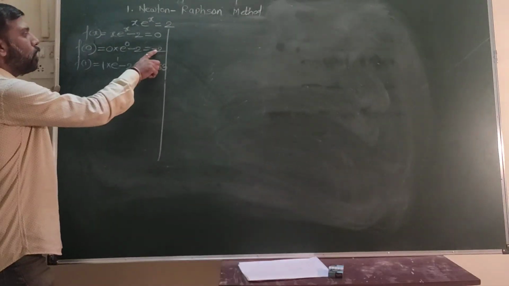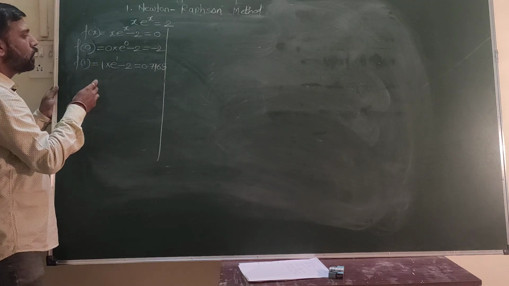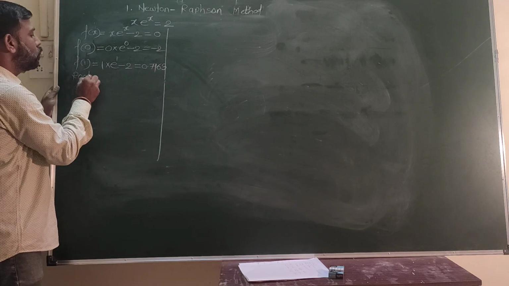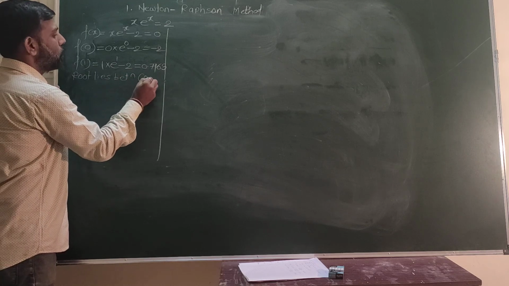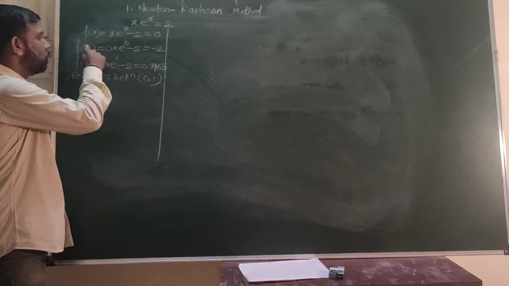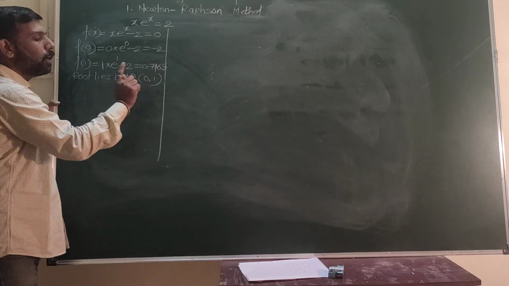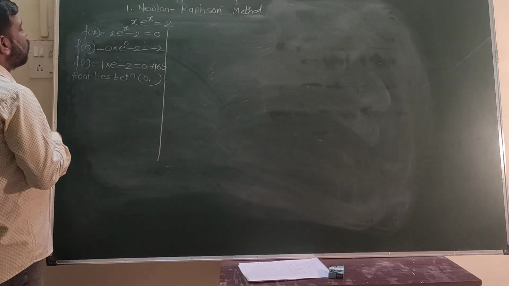We got the first value negative, the second value positive, so we'll stop this continuation and we claim here the root lies between 0 and 1. When we get opposite sign for two consecutive values, then we claim one root lies in that interval.